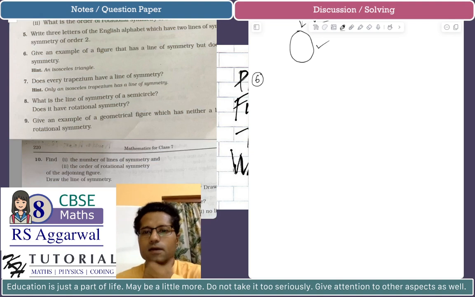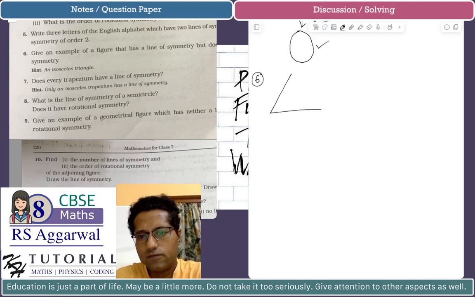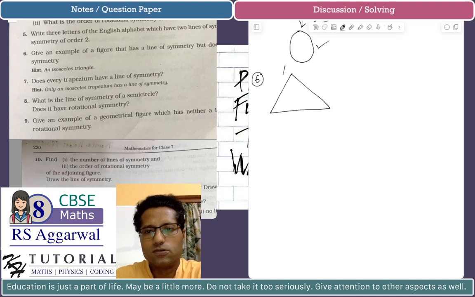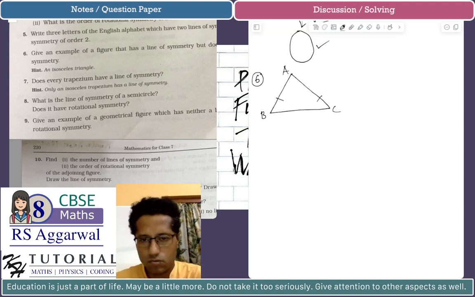Always remember that an isosceles triangle has a line of symmetry. Let's say ABC is an isosceles triangle where AB is equal to AC and the angle between the two equal sides AB and AC is the angle A.